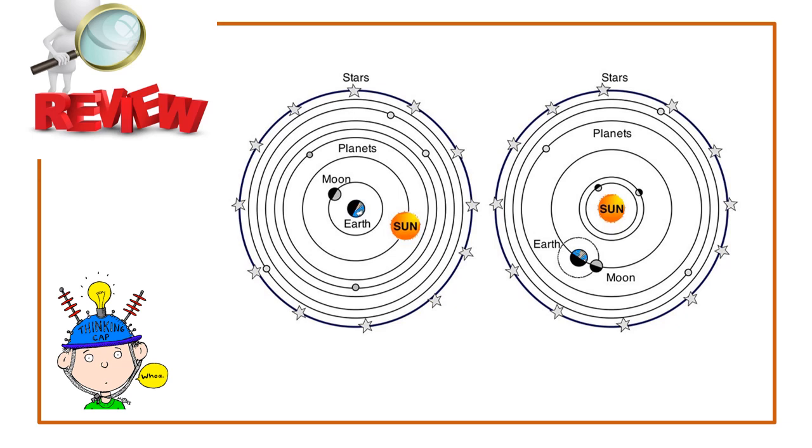Next, we have these two diagrams. Do these diagrams look familiar to you? Yes, these diagrams are from the first term. In diagram A and diagram B. Now we have in diagram A, the Earth is at the center, and the Moon, the Sun, planets, and even stars move around it.